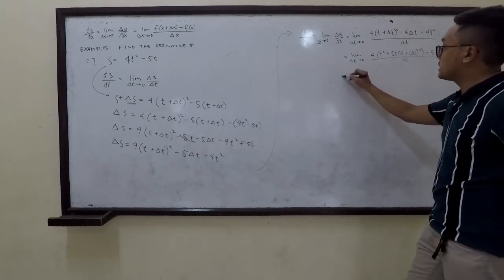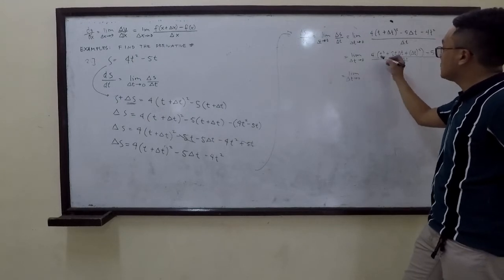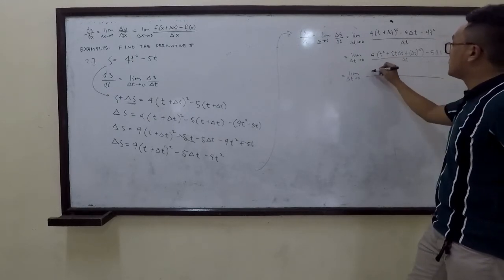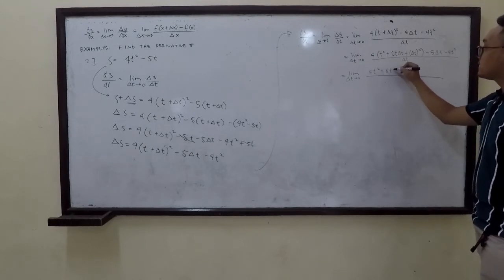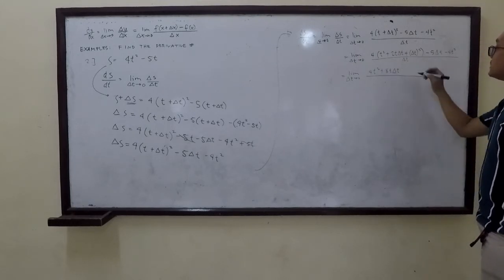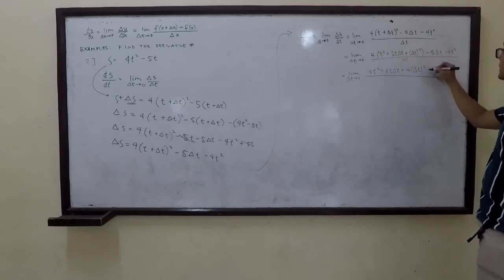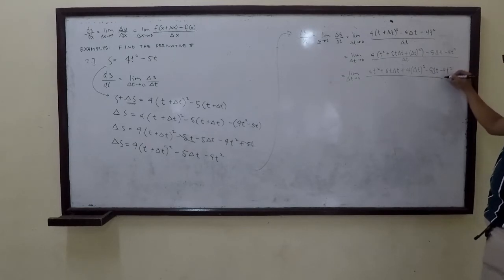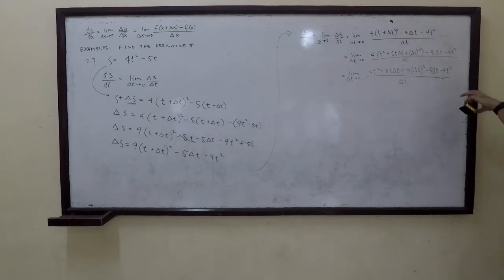So this is just the limit. This is 4t squared, then plus 8t delta t, then plus 4 times delta t squared, then minus 5 delta t, then minus 4t squared, all over delta t. Then we find the like terms.